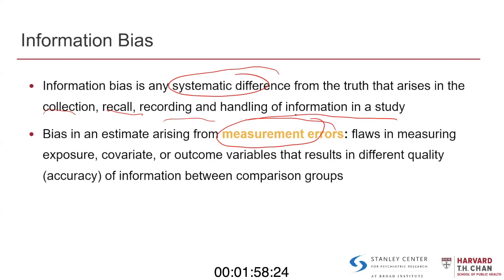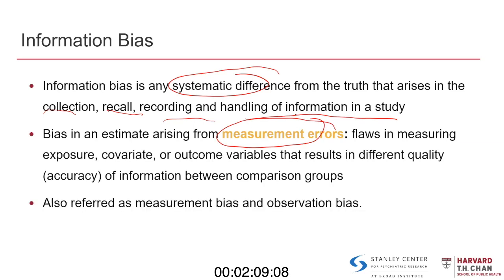So sometimes it is called measurement bias, because that's one of the major reasons we could have information bias. And sometimes it is also called observation bias, because if you have an observation that is involved in your epidemiologic study, that bias in measurement could be introduced by observation.